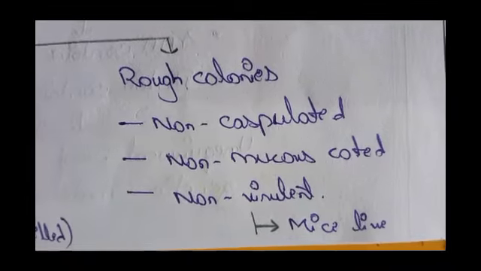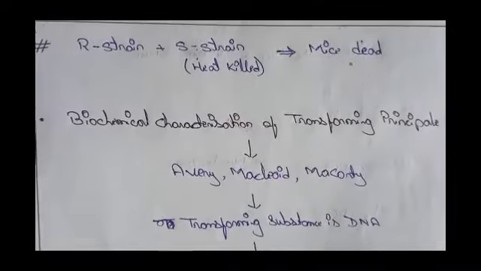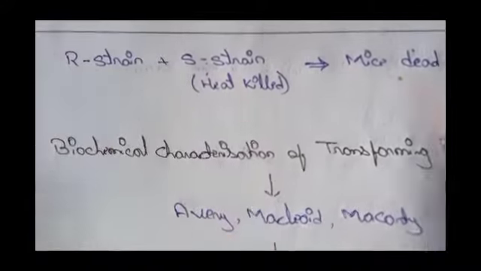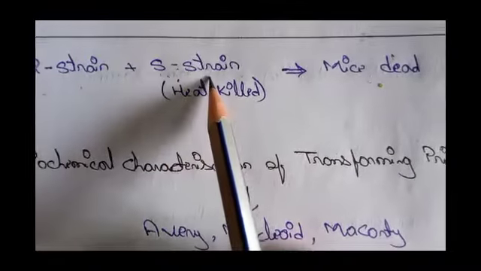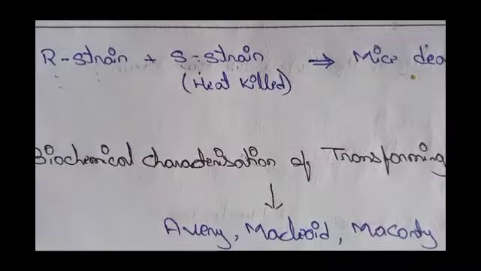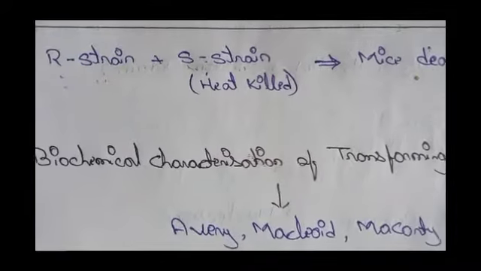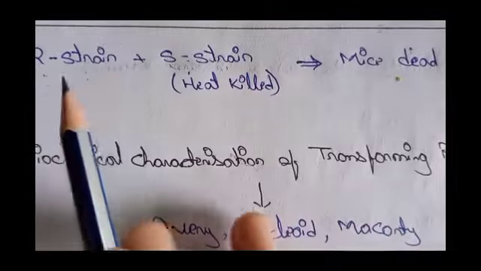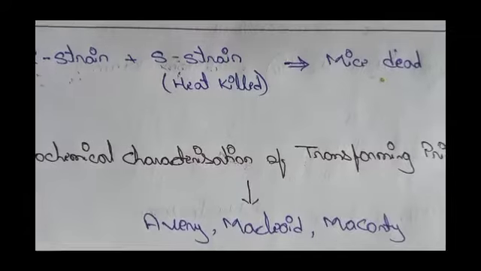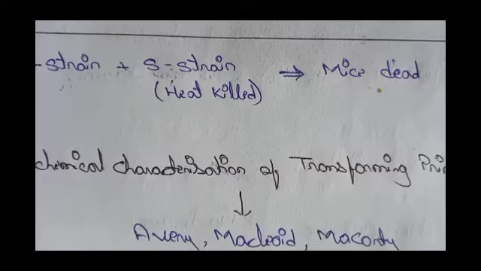Here R strand means rough strand and S strand means smooth strand. The R strand is non-virulent and the S strand is virulent. If we heat kill the S strand, it can't affect the mice.